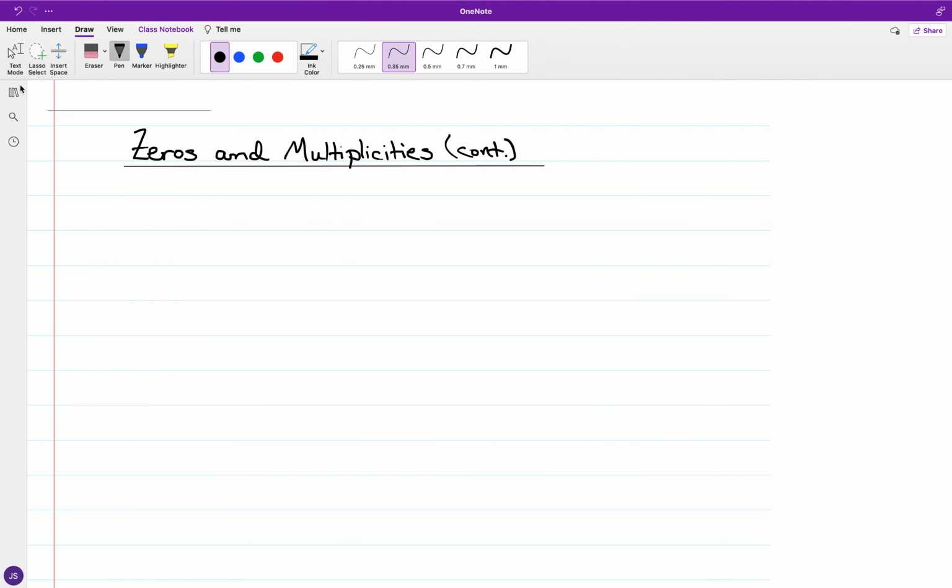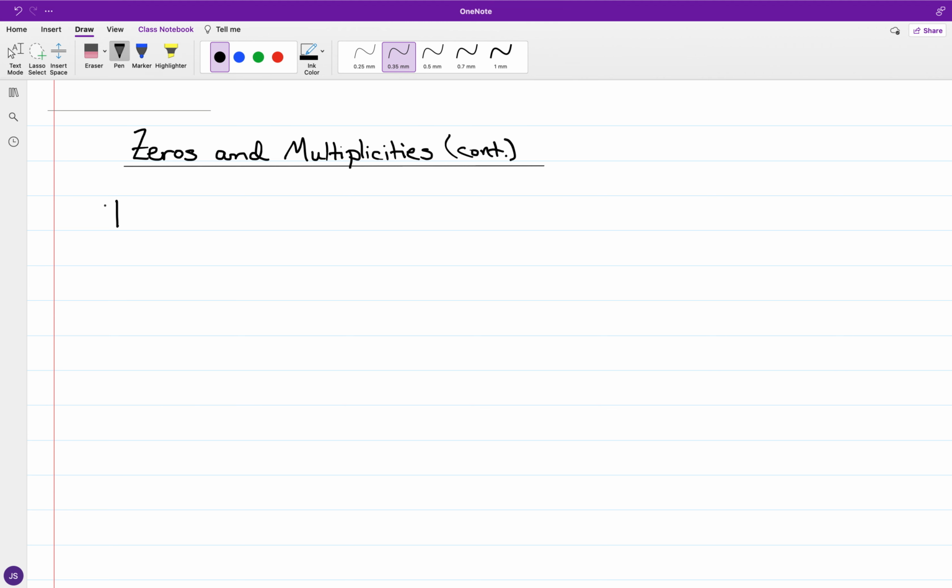Just picking up where we left off, we were looking into functions once again and polynomials, and we crossed over to the topic of zeros and their multiplicities. We're going to resume with that and look a bit further into the makeup of forming polynomials from zeros and their given multiplicities.